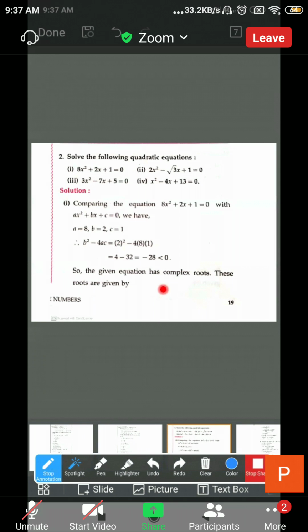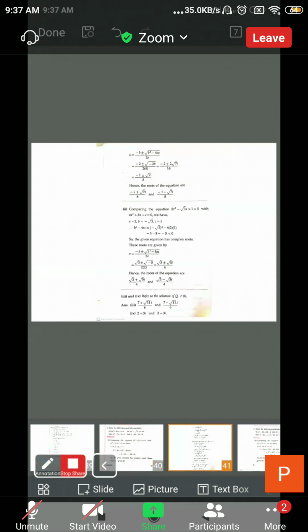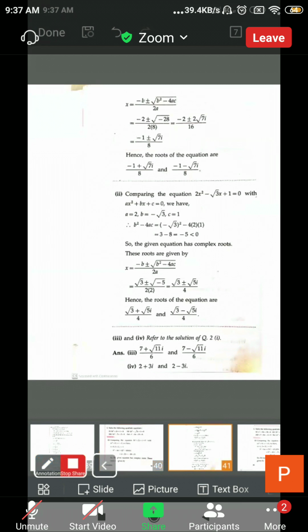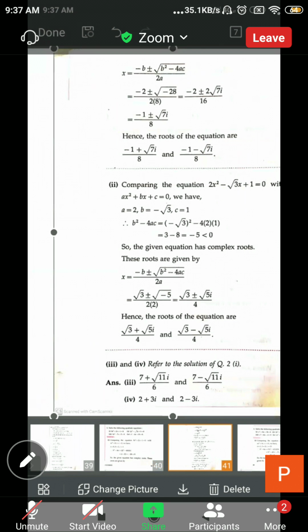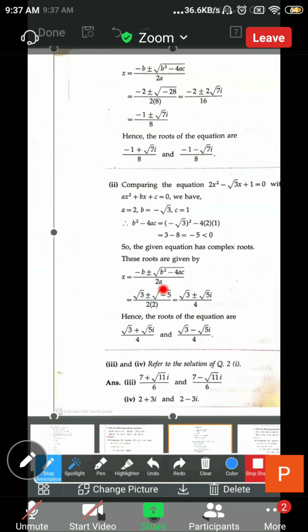These roots can be found using the similar formula you use for the quadratic equation. Everyone knows this formula: x is equal to minus b plus or minus root of b square minus 4ac upon 2a. Now we put the values. b is 2, so the value will be minus 2 plus or minus root minus 28 upon 2a, which is 2 into 8.